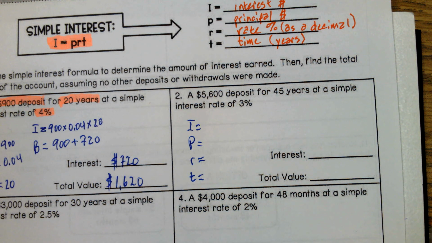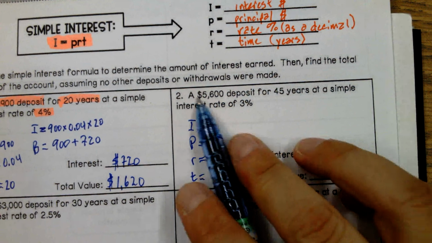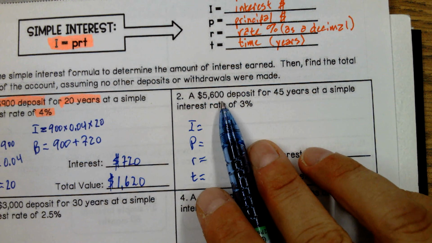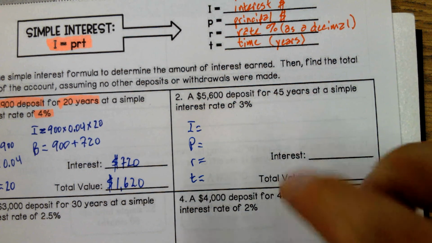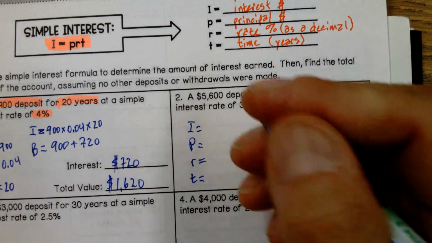Okay. Let's start with what 5,600 represents. Interest, principal, rate, or time? Which one is the 5,600? Principal. Okay. That's the initial money going in.